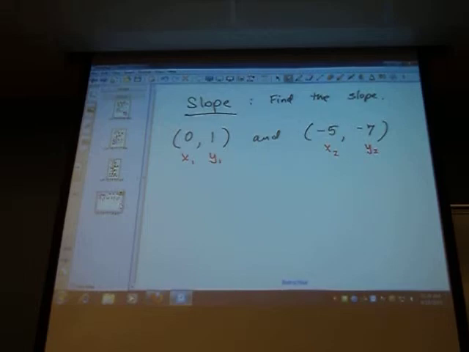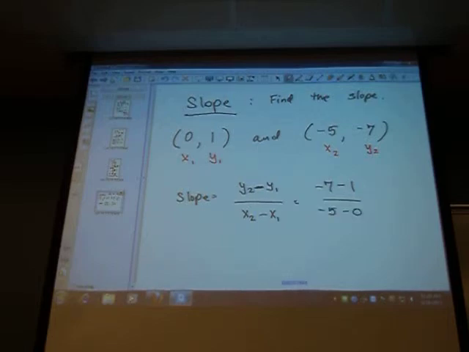Okay, so my formula is y2 minus y1 over x2 minus x1. And then I would just plug in those numbers. So y2 minus y1 is negative 7 minus 1. And x2 minus x1 is negative 5 minus 0.